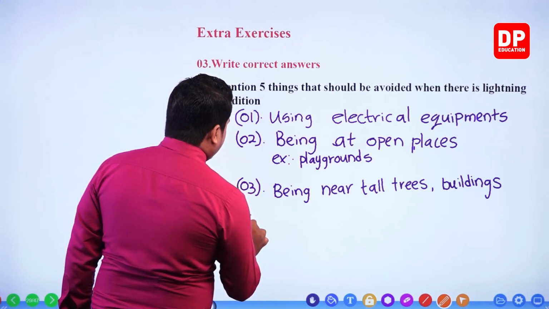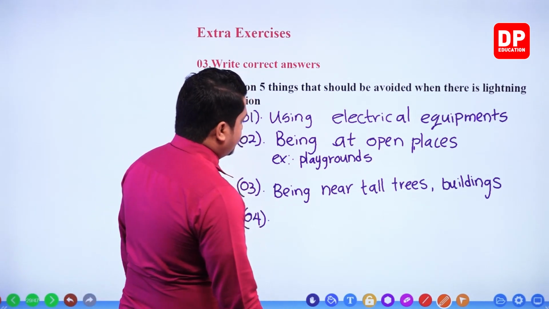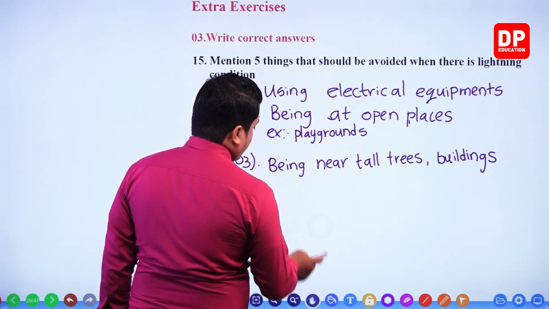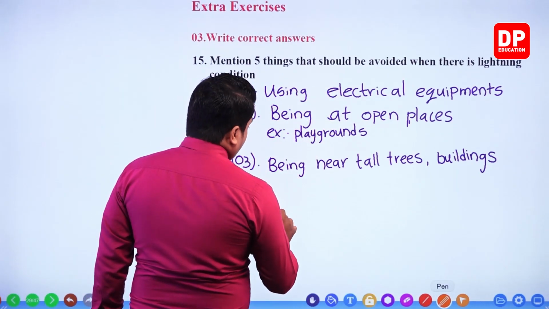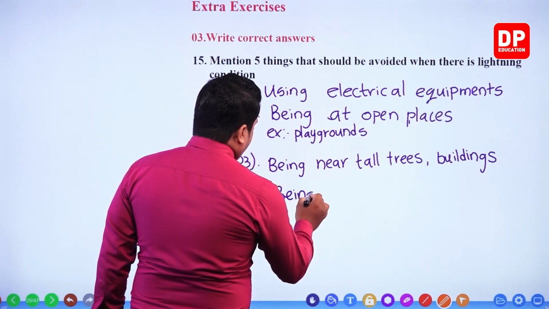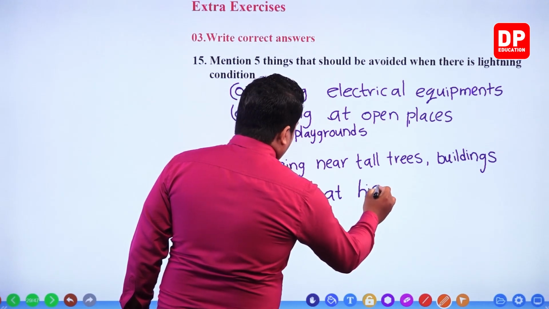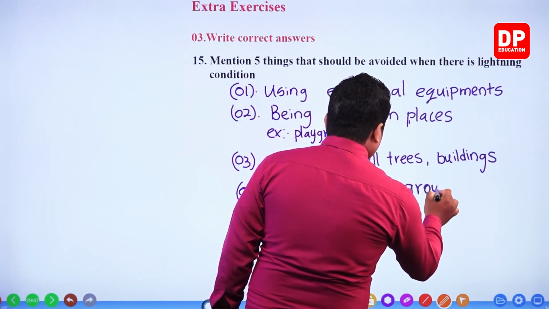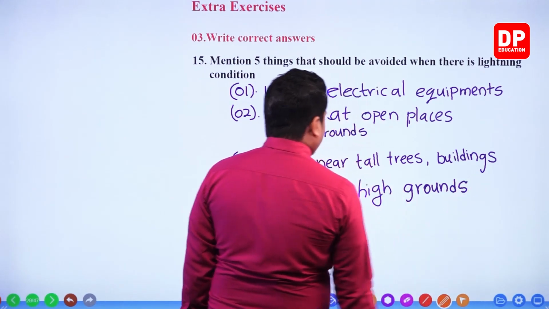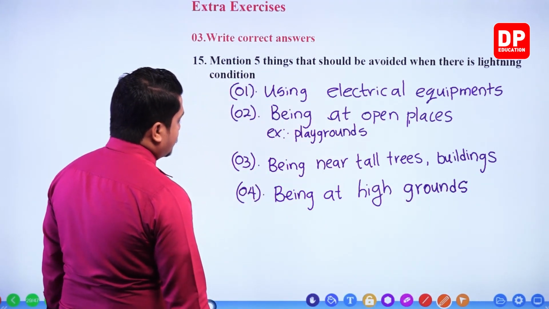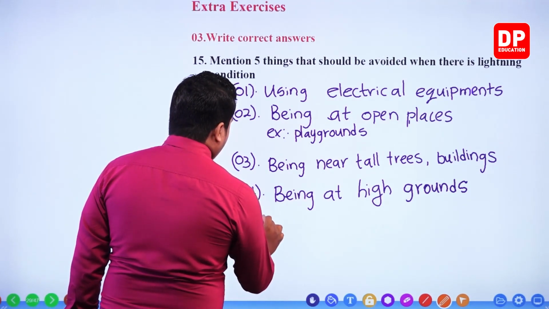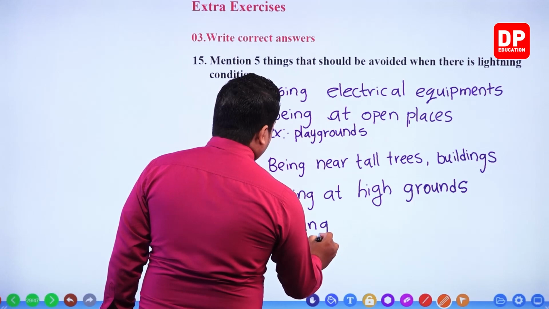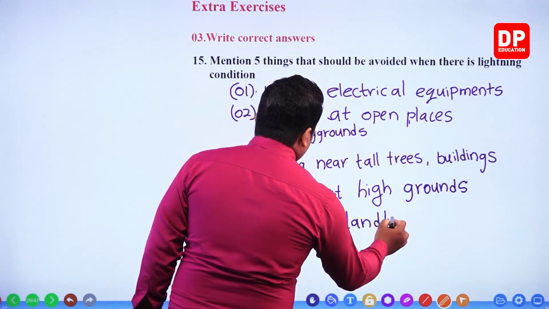Then number 4 would be, my dear children, being at high grounds. Number 5, using landline phones.